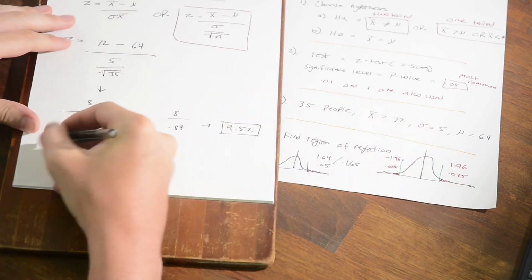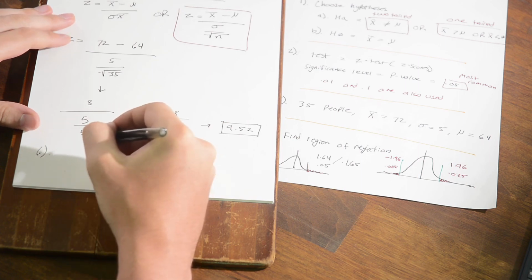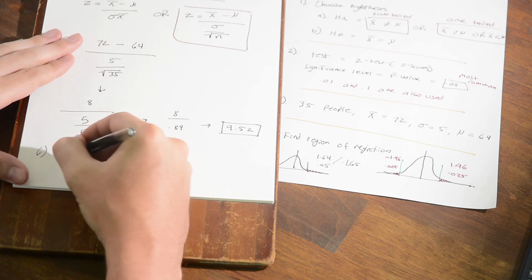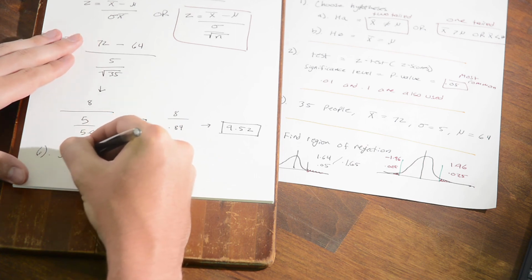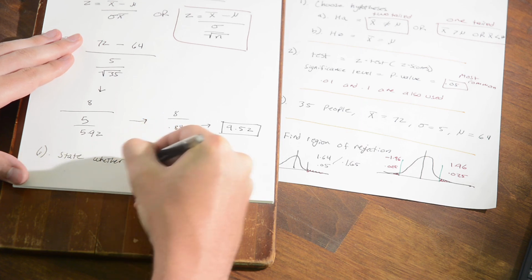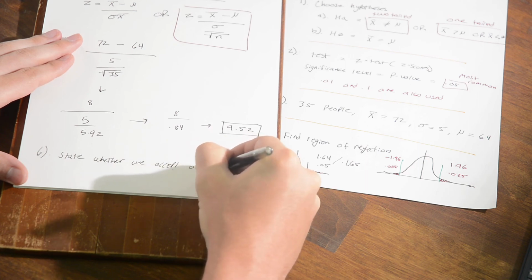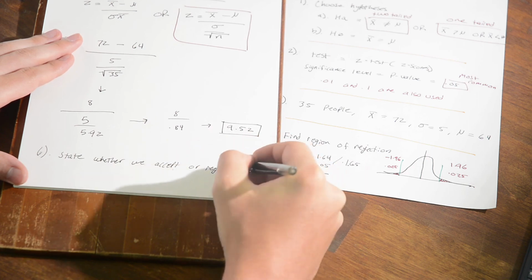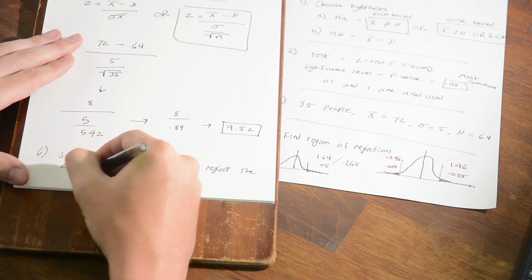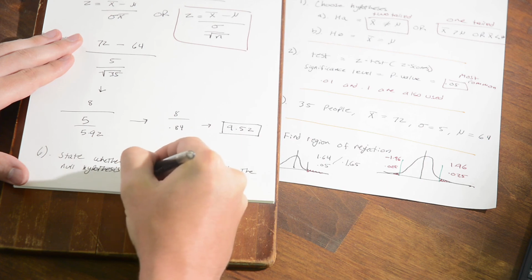And as I alluded to, step 6 is where we state whether we accept or reject. Reject the null hypothesis, which is also referred to as H0.